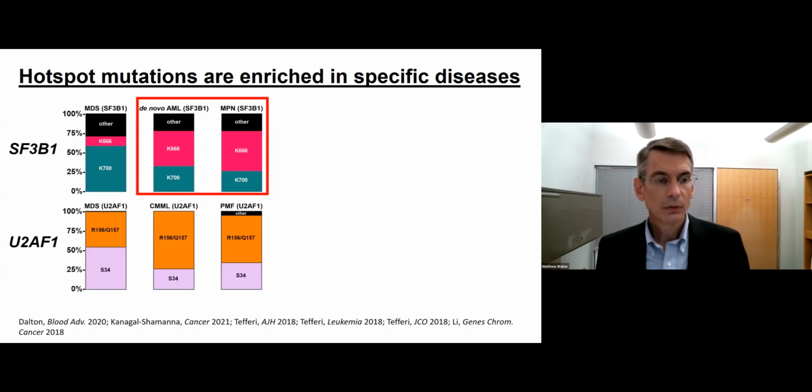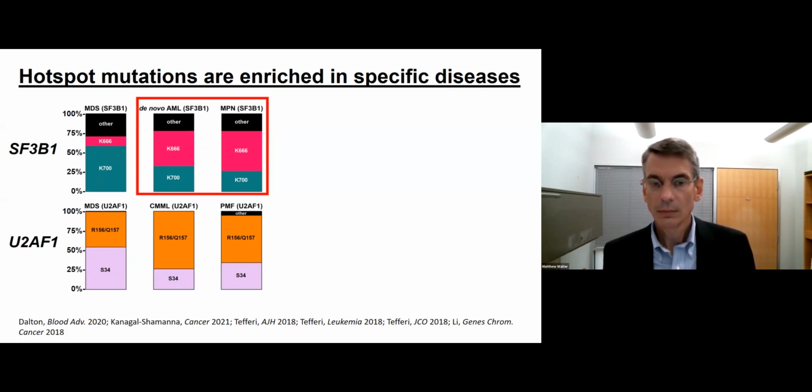And likewise, if we look at U2AF1, there are 2 known hotspot variants that include positions S34 and the combined R156 and Q157 positions. Now, these are fairly equally distributed in the MDS disease state.